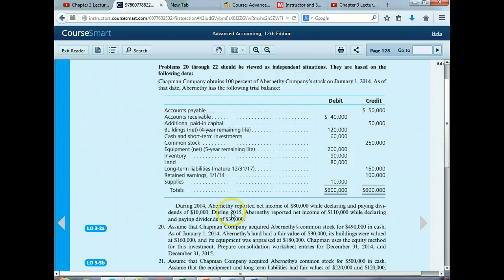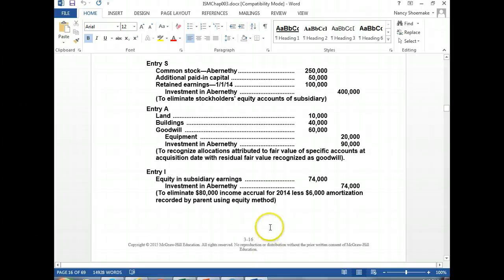So it shows us Abernathy reported net income of 80 while declaring dividends of 10, and in 2015 it recorded income of 110 while declaring and paying dividends of 30. So what we have to do for the first year is reduce our investment account by what we already showed, the income minus the allocation.